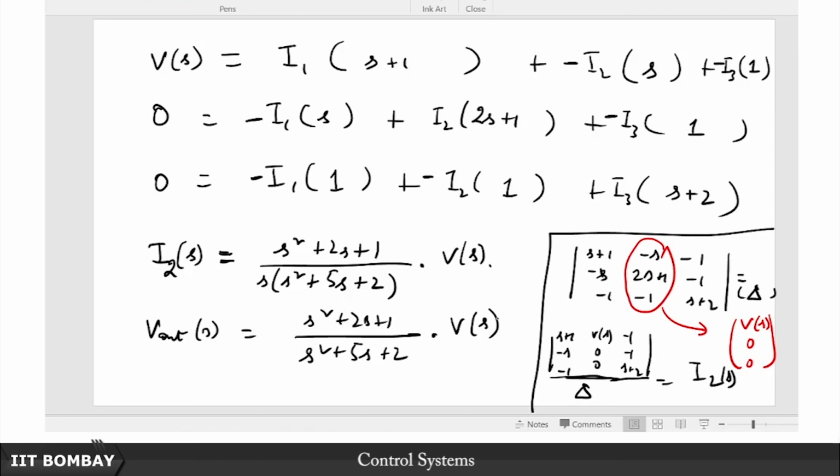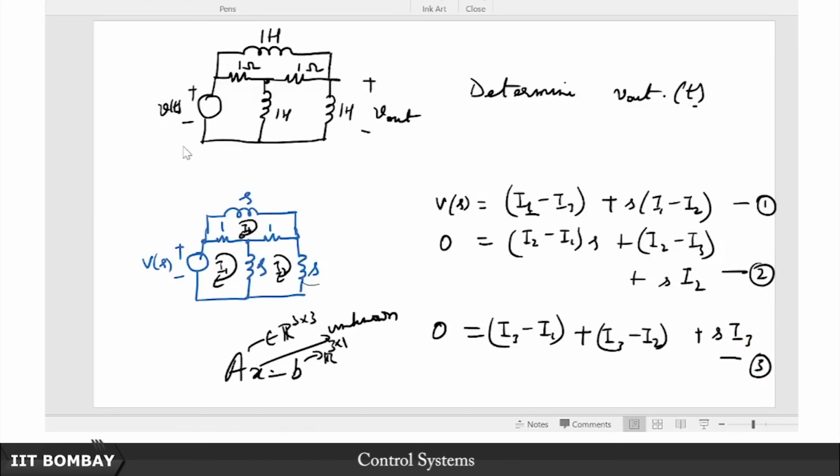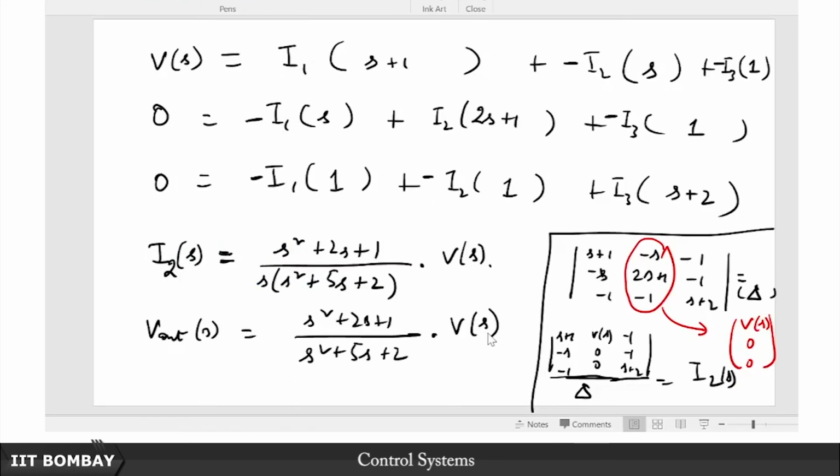Now depending on whatever input signal is being given, this v of s, have I called it v in? No, I have called it vs, so it is fine. Whatever is the Laplace transform of that signal, you apply it here and then you apply inverse Laplace transform to this in order to get v out.